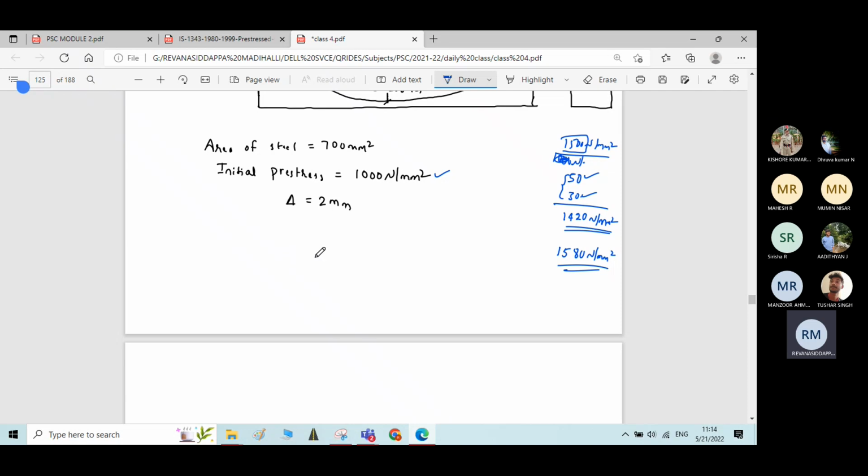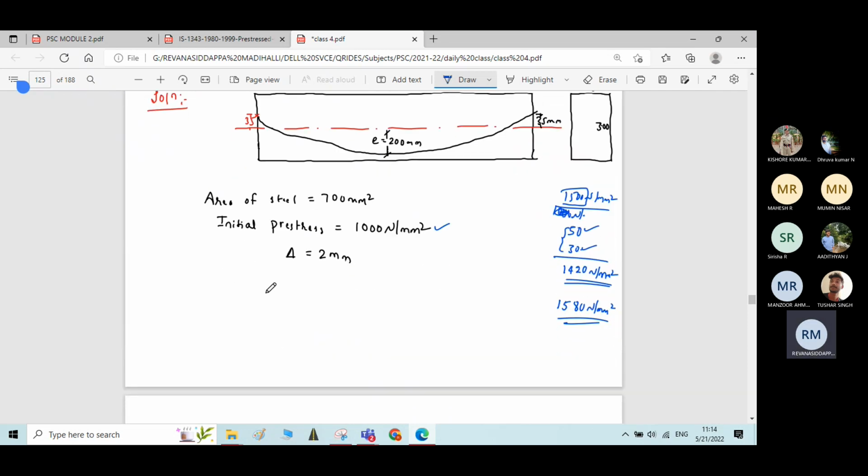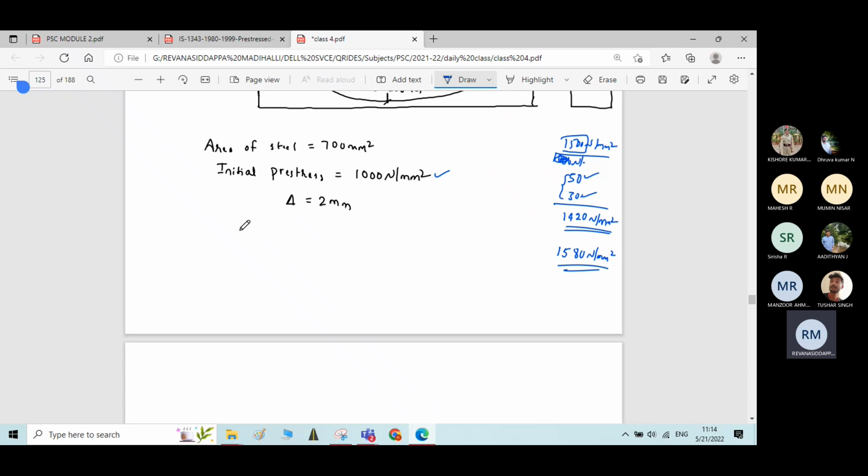Here what we have to do is, first we have to find loss due to friction. Okay, then whatever value of loss of stress due to friction you get, that stress should be added to the initial pre-stress. Okay, after that we will find loss due to anchorage. You will get some stress for loss due to anchorage.